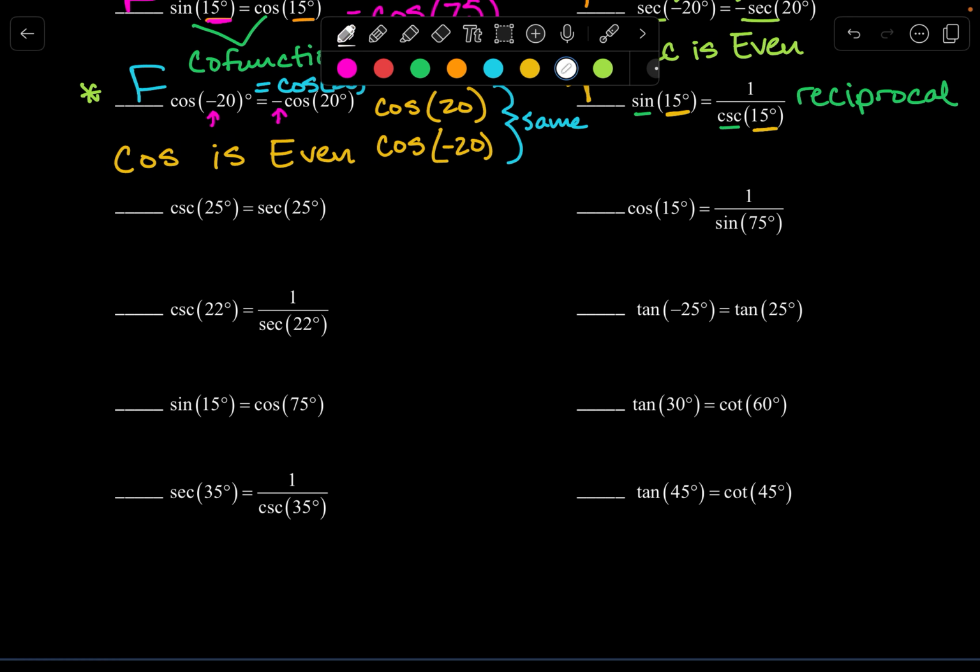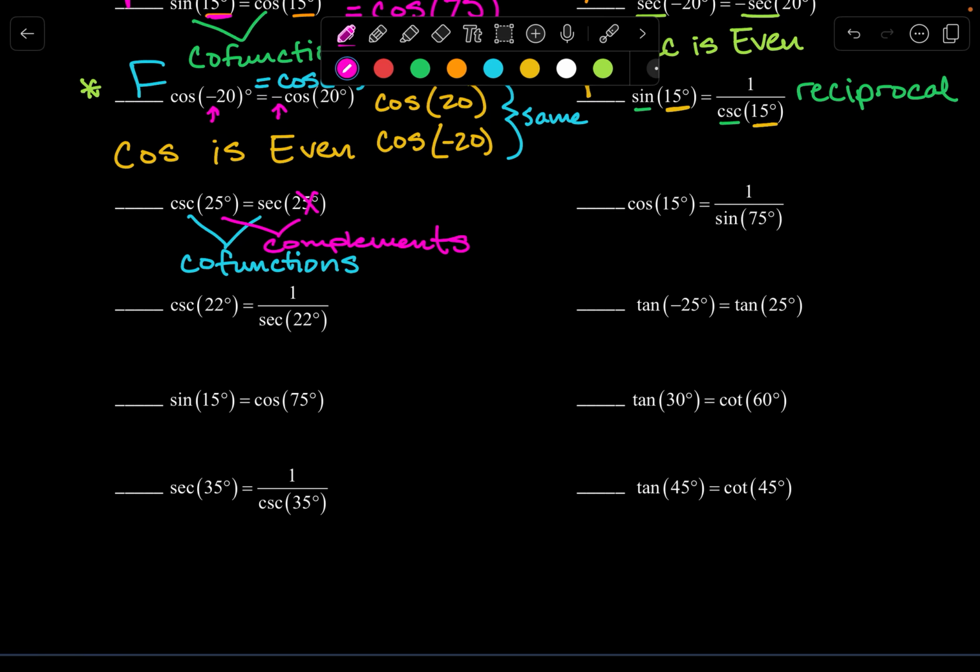Still going on now. We've got cosecant of 25 equals the secant of 25. These two are cofunctions, but remember what we said earlier, that when you have cofunctions, the numbers should be complements, which means together they add up to 90.